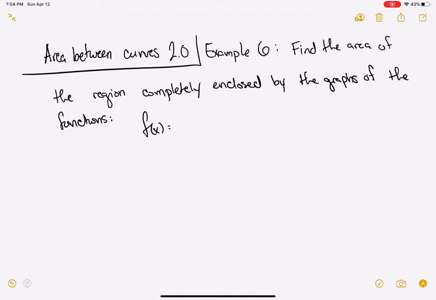We have f of x given by x cubed minus 3x plus 3, and g of x given by x plus 3.